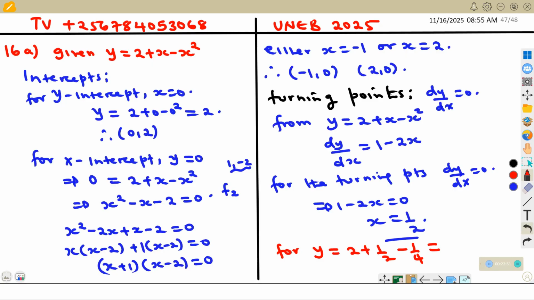So we have 2 plus a half minus a quarter, so this will give us y as 9/4, which we can write as 2.25.